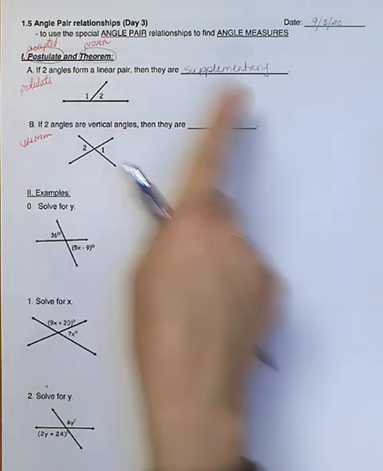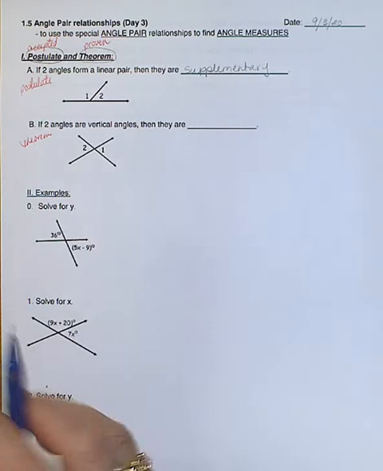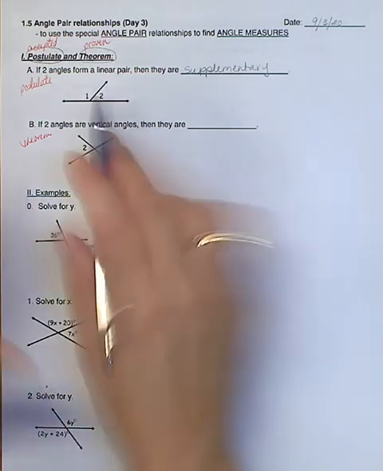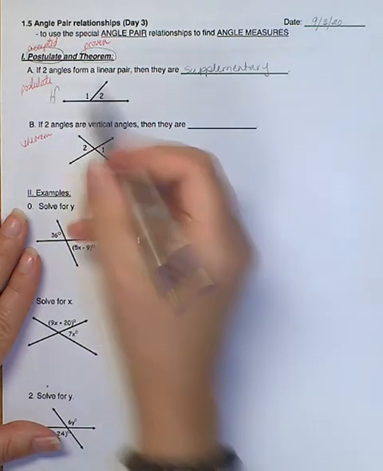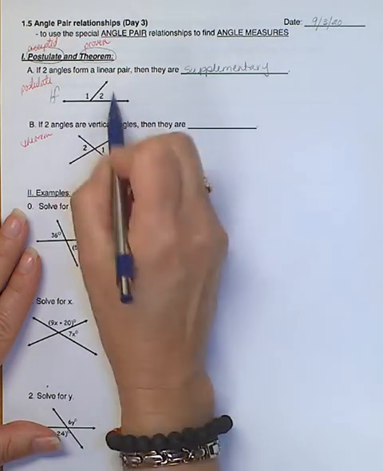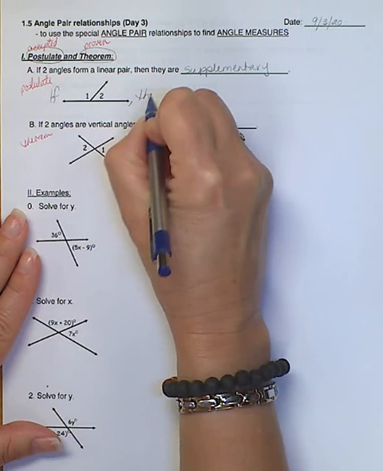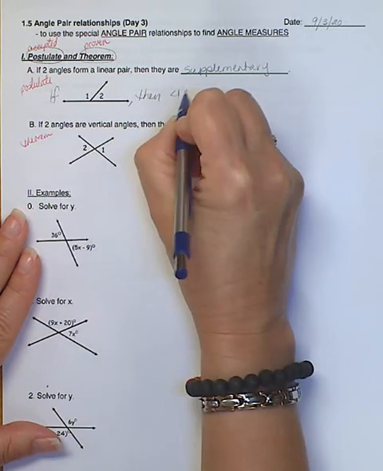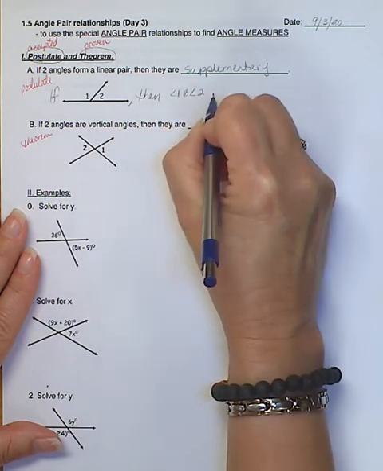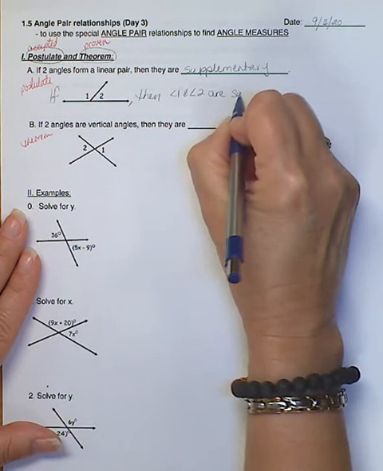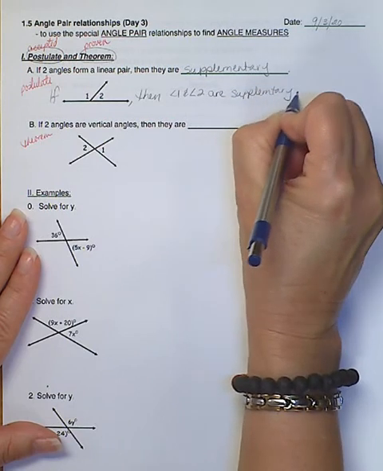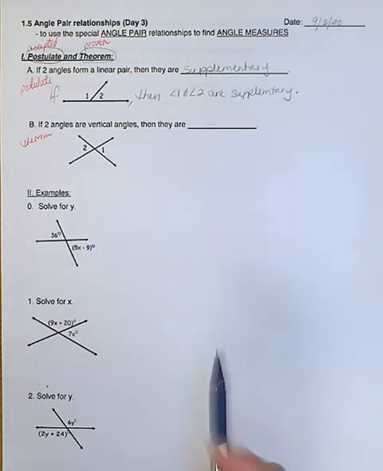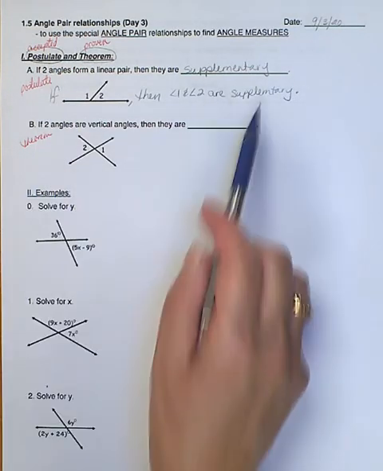Okay, so what this would look like in a picture is, if you had a picture where you knew that the two angles form a linear pair, then you could say that those two angles are supplementary. So generally somebody asks, well, why isn't this second line the postulate?